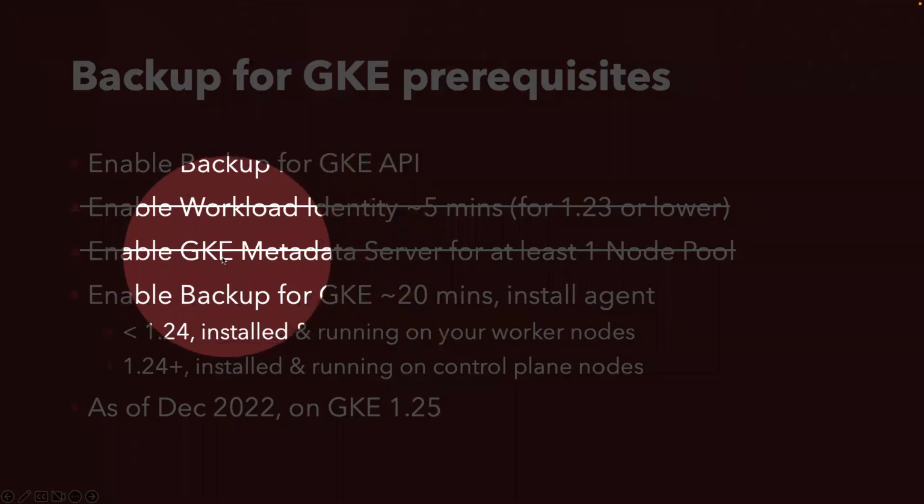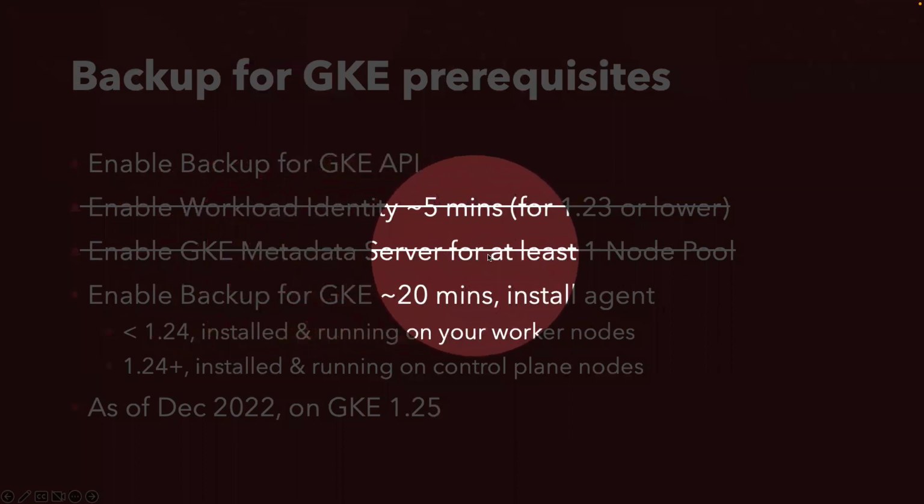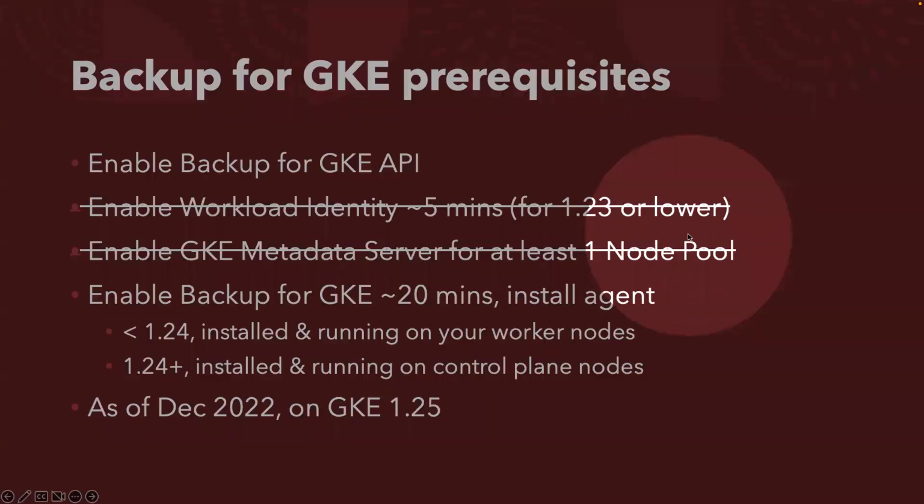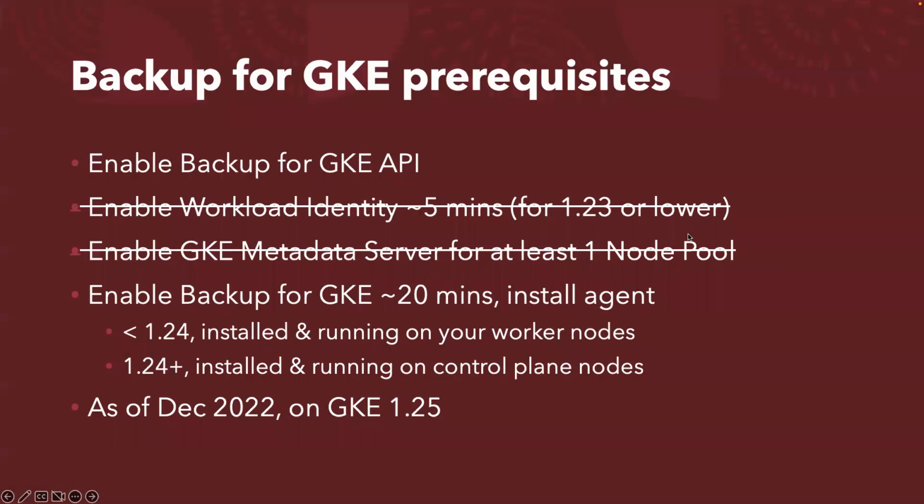You don't have to enable the GKE metadata server for at least one node pool. For previous versions, if you're running 1.23 or lower, you also need to enable Workload Identity and also enable the GKE metadata server. For 1.25, you can skip these 2 tasks.